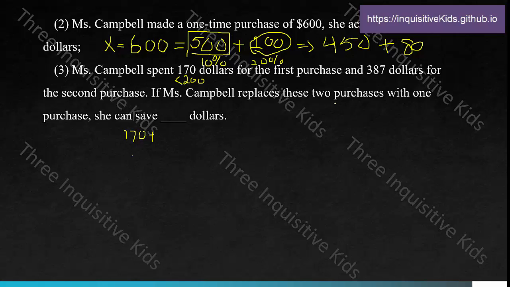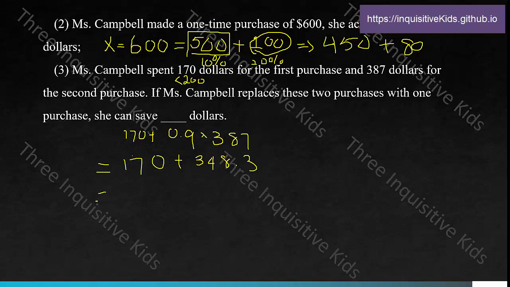Now we look at $387. Well, that's in between $200 and $500. So that would be given a 10% discount. So that would be 0.9 times 387, which would be equal to 348.3.